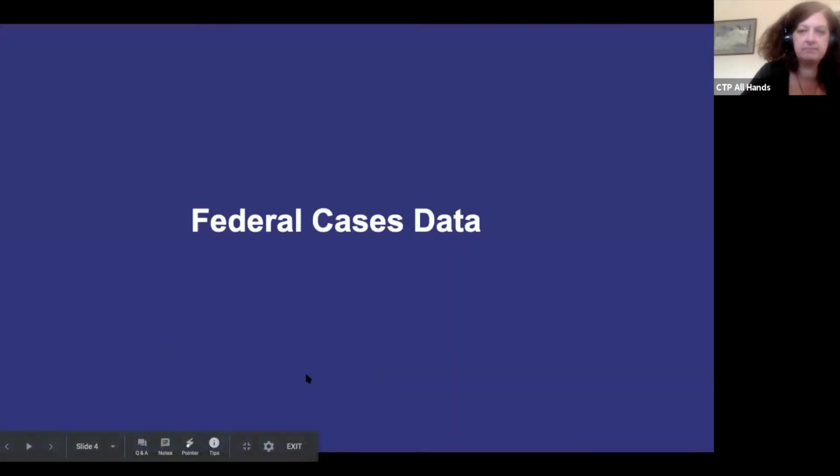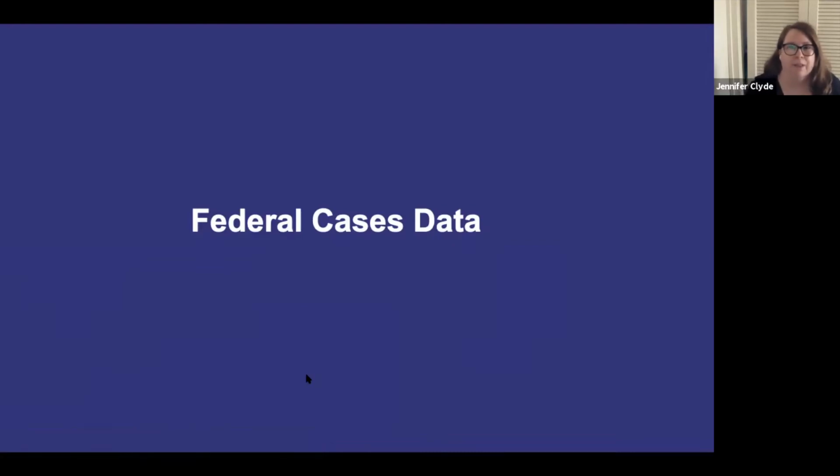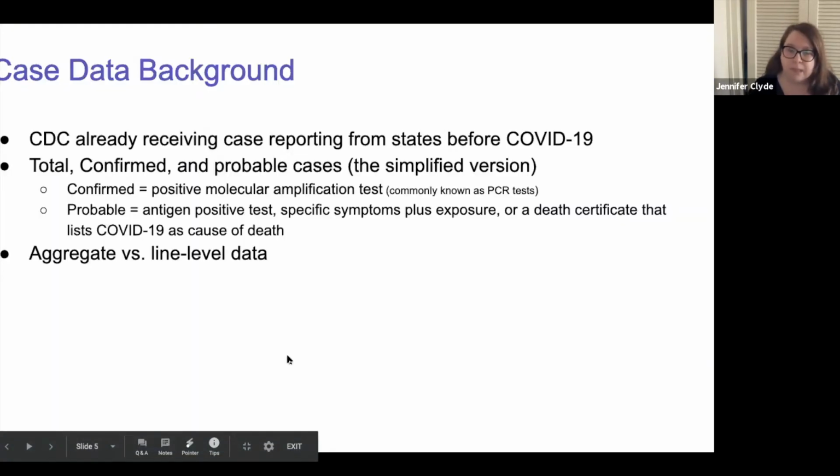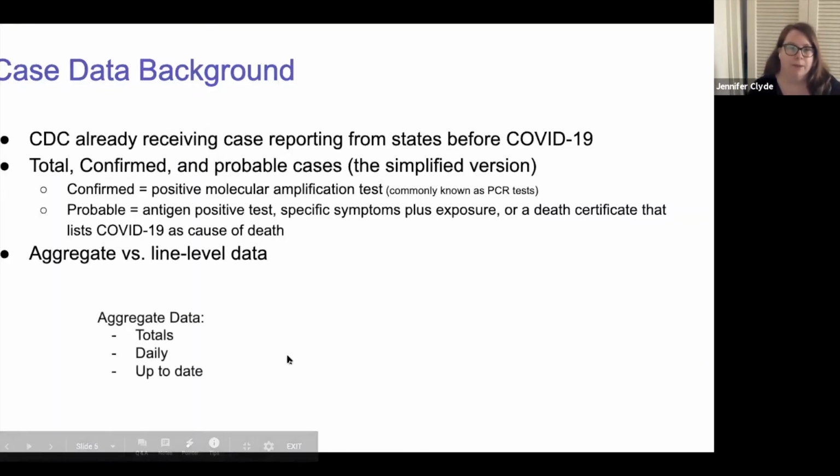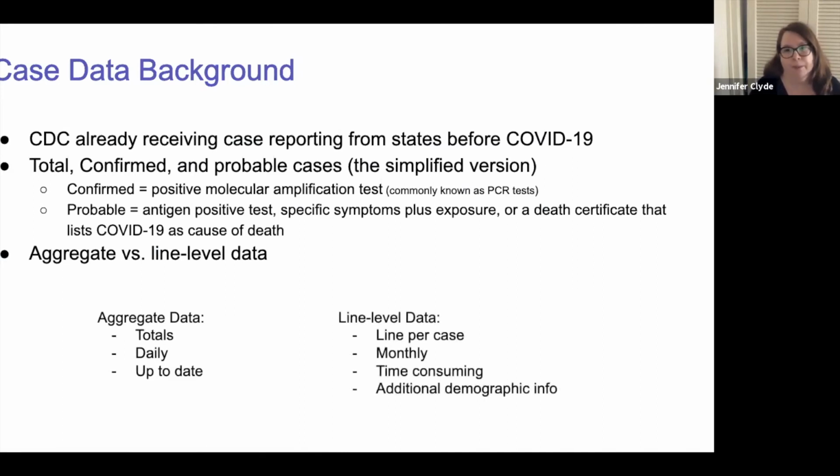Hello, I'm Jennifer Clyde. I'm a data quality and data entry shift lead here at the COVID Tracking Project, and I'm going to talk about the federal case data and how to replace our data with it. So case data background is that public health departments have been reporting nationally notifiable disease case data to the CDC long before COVID-19.